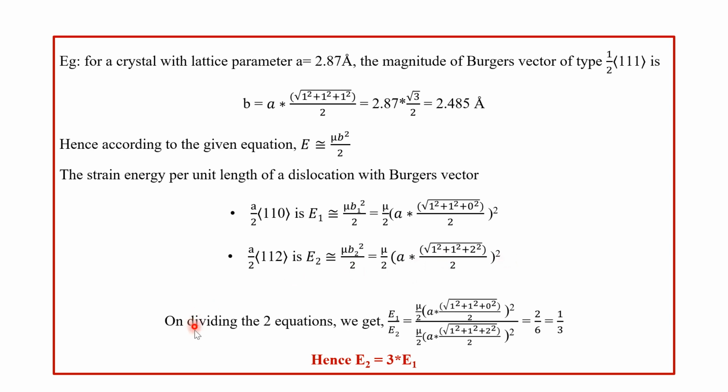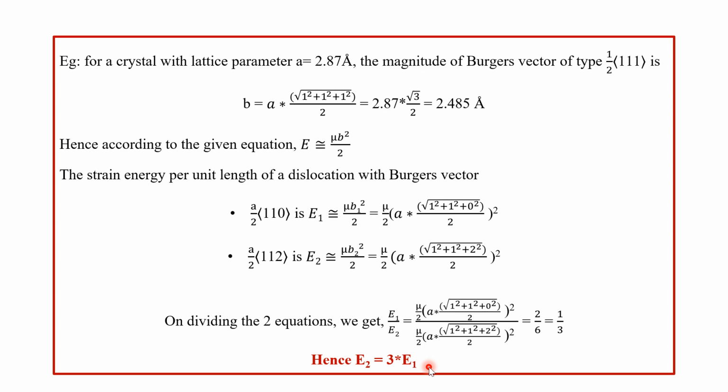And on dividing these two equations, that is E1 by E2, mu by 2 can be cancelled, a square can be cancelled, and 2 square can be cancelled. Therefore, root 1 square plus 1 square plus 0 square and 1 square plus 1 square plus 2 square will stay. This will be 2, and this will be 4 plus 1 plus 1, 6. Therefore, the final answer will be 2 by 6. Therefore, we can write 3 E2 is equal to 3 times E1.